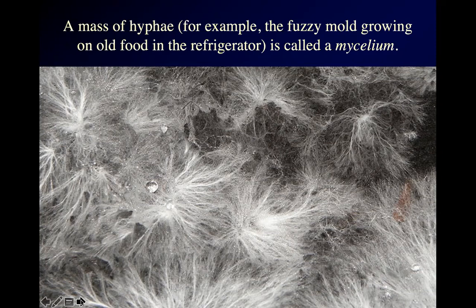Or, you leave some oranges out on the kitchen counter for too long and suddenly you notice these patches of blue-green fuzz. Each one of those is a mycelium. It's a mass of hyphae that extends in all directions and typically looks like fuzz. That's a mycelium.